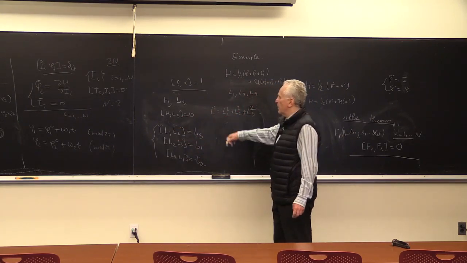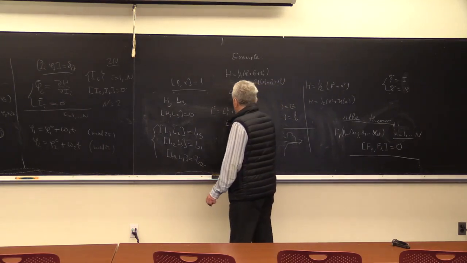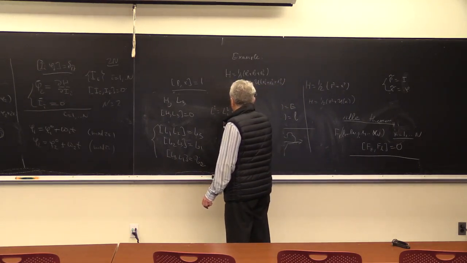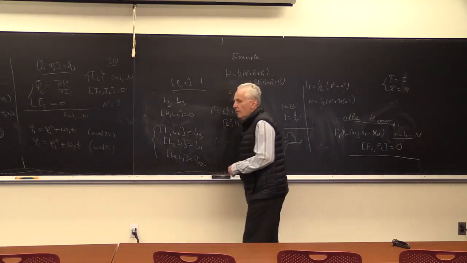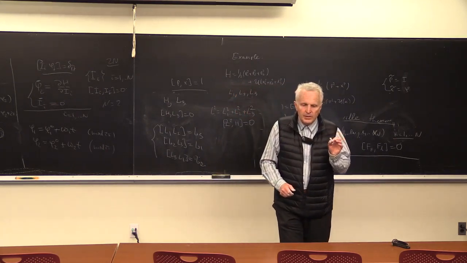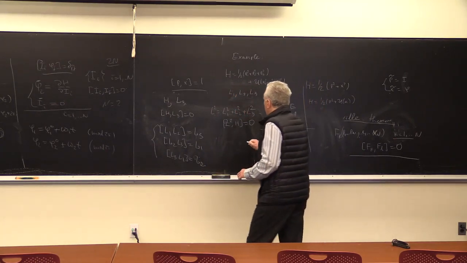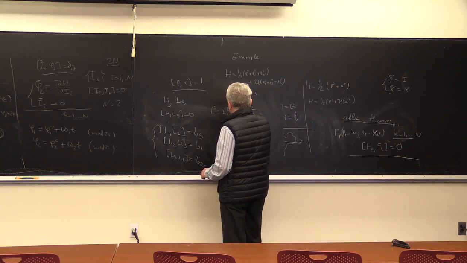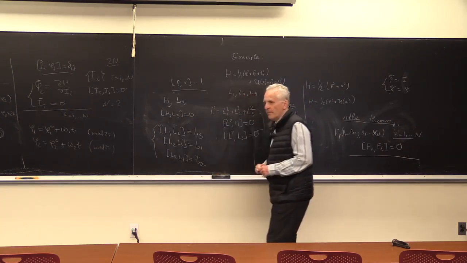So the bracket of L squared and H is 0, that's obvious. What is slightly less obvious and requires some calculations is that the bracket of L squared and L3 is also 0.